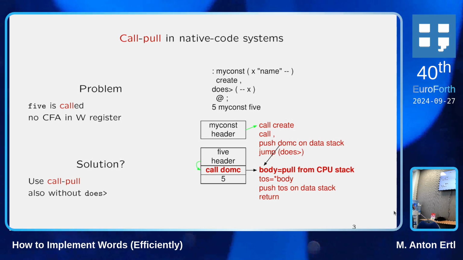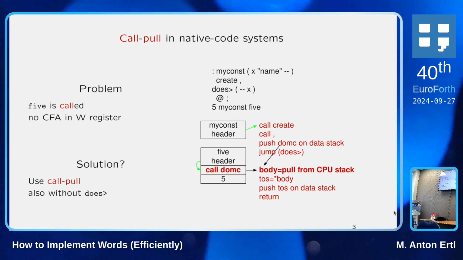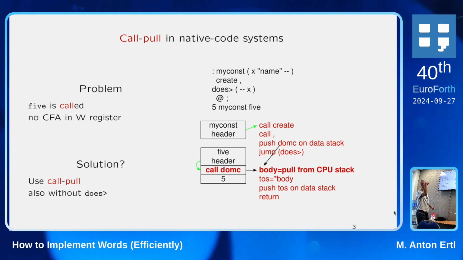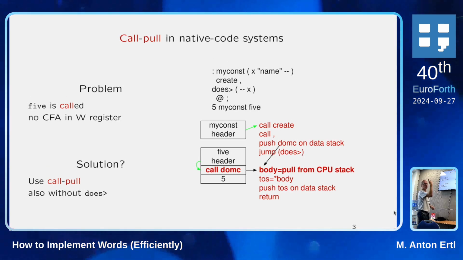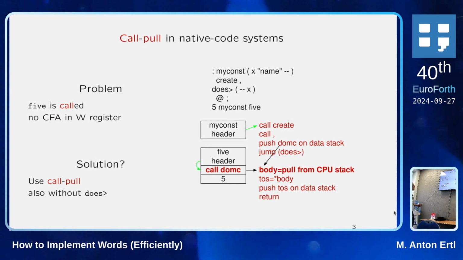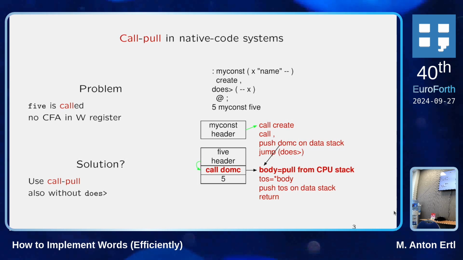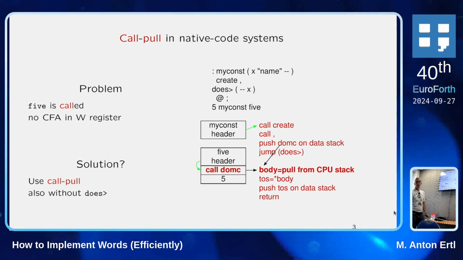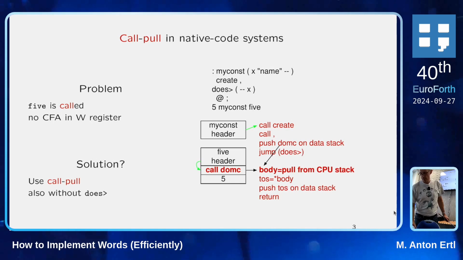And with native code, we don't have the code field address in a W register, so we also need it with only having one code and one data. So the possible solution, and the actual used solution in some cases, is to use this call pull technique, and it's also used without does, as we will see in some cases.